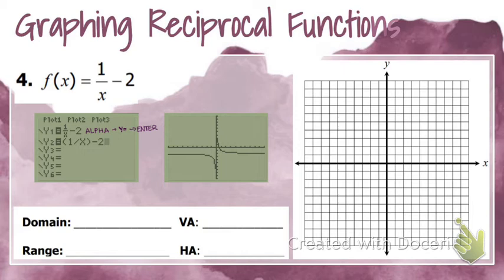That's how you get a fraction bar to show up on your calculator. Then the other way, the older calculators don't do that, so you have to use parentheses and division to make sure you type the function in correctly.